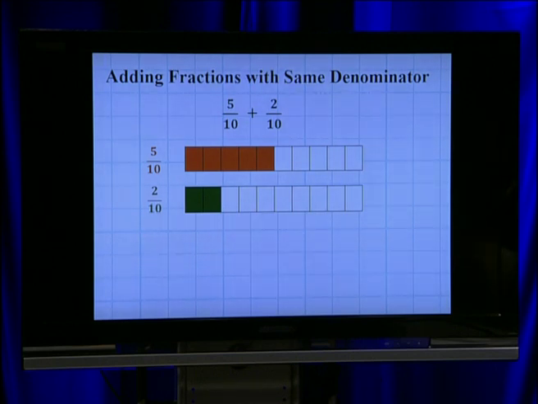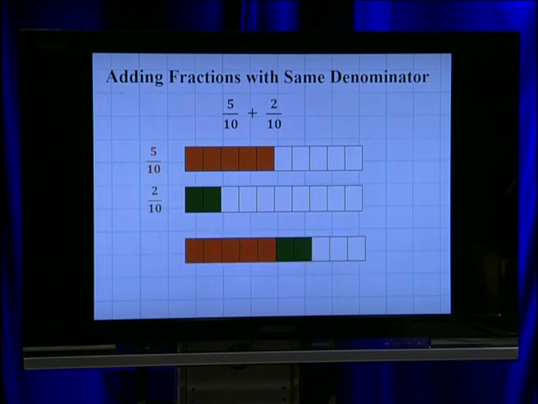Now that you have these two fractions represented, what we do is we put them together in one whole. So we have the 5/10 here and we have the 2/10 there. The reason we put them in one whole is because the denominators are equal, same in both the fractions. Both the fractions are a part of 10/10, so we can put them together.